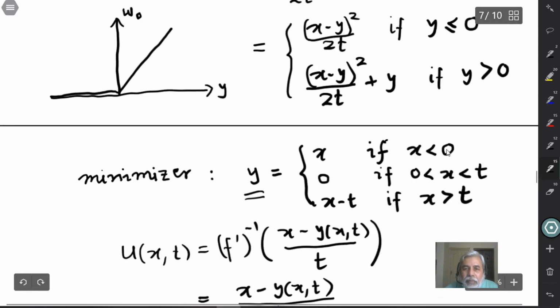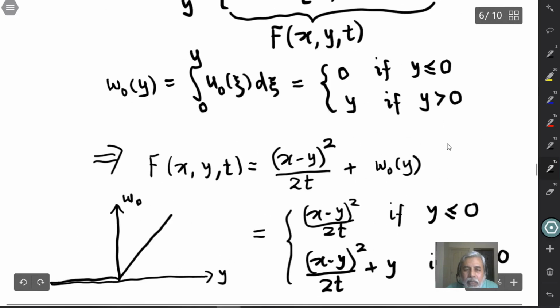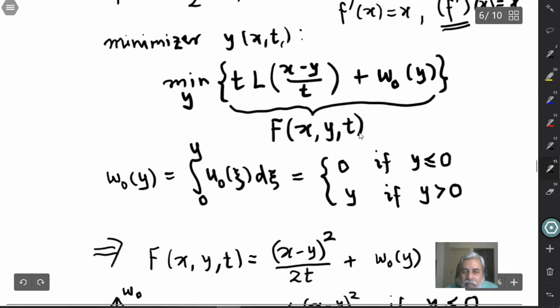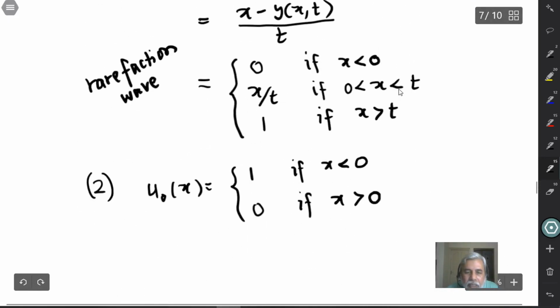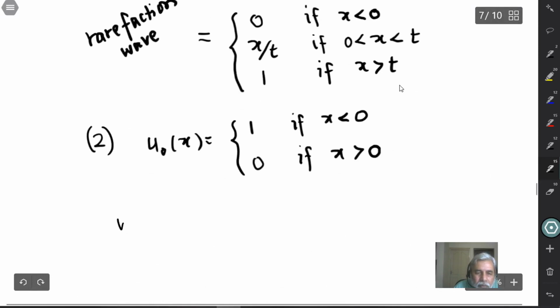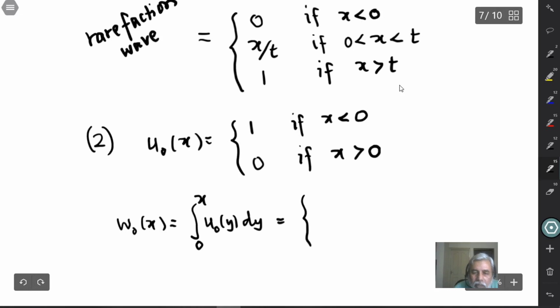Everything remains the same, only now this functional f of x y t changes because this w0 changes. So now w0 of x is the integral from 0 to x of u0, and that is equal to x if x is less than or equal to 0, and 0 otherwise.